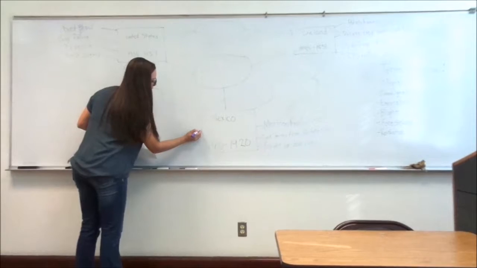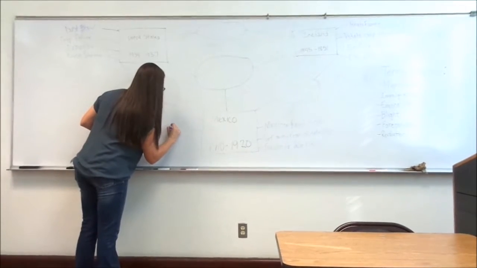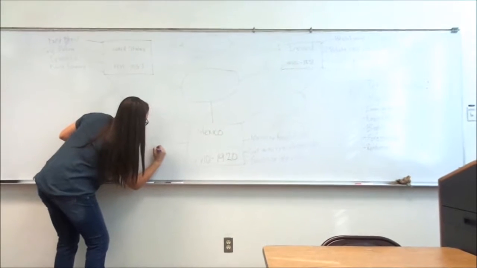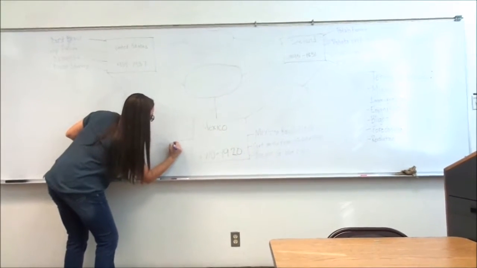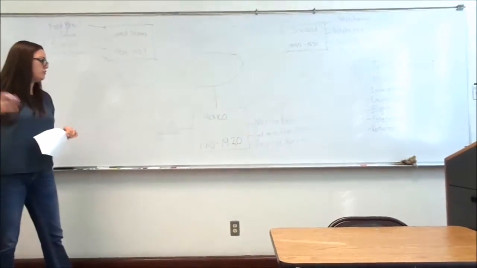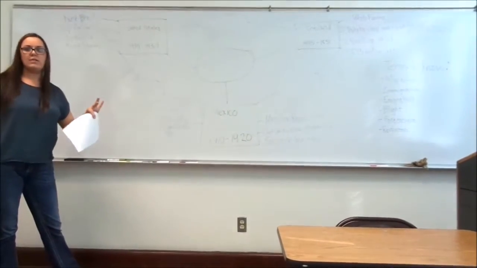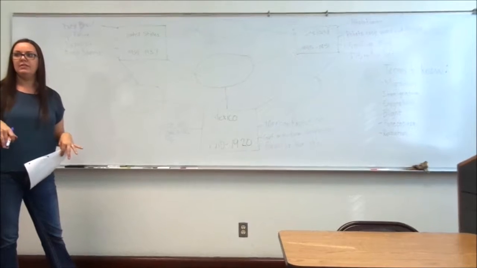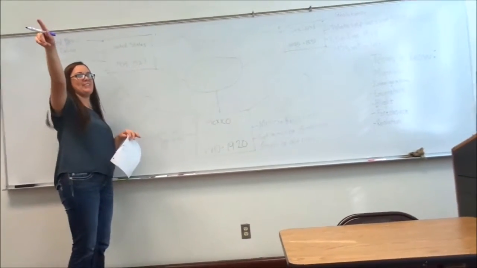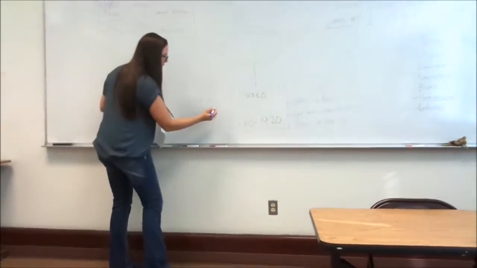So let's just add over here, 890,000 people came to the U.S. And do you guys remember where they mostly migrated to? You should, because we live here. That's right, California! Good job, California!